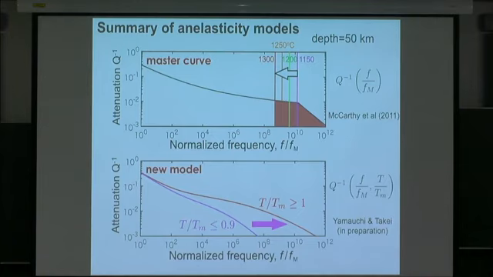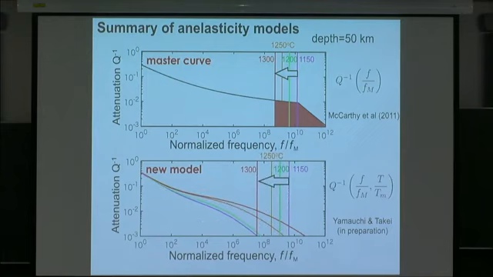And the velocity reduction by the new model can be also calculated in the same manner. But in this case, in addition to the normalized frequency, the spectrum shape changes with temperature.